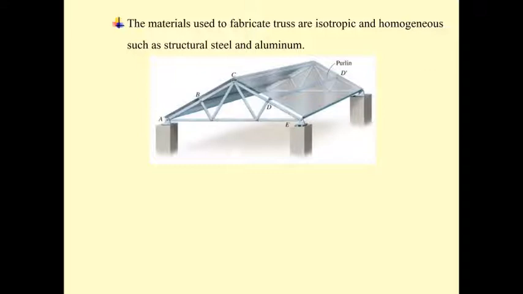However, the truss is also used in some airplane structures. For the airplane structure, we like the structure to be low weight for the airplane to fly effectively. So most of the structure is built by using aluminum.